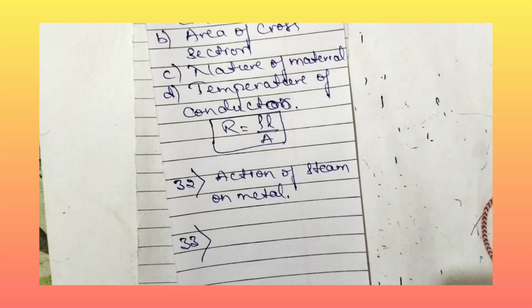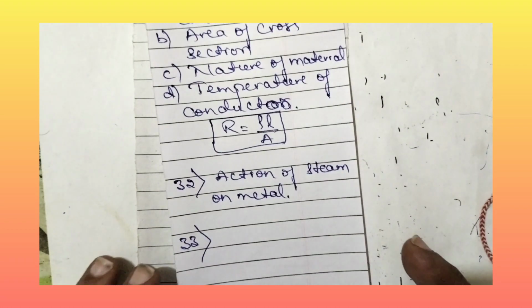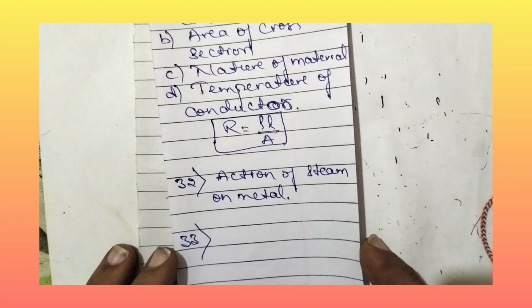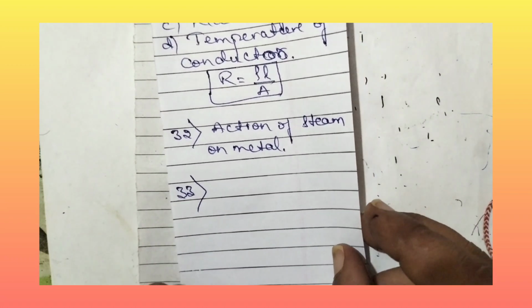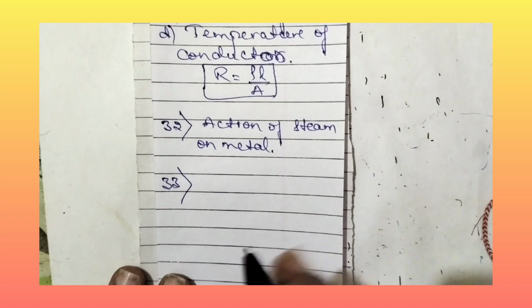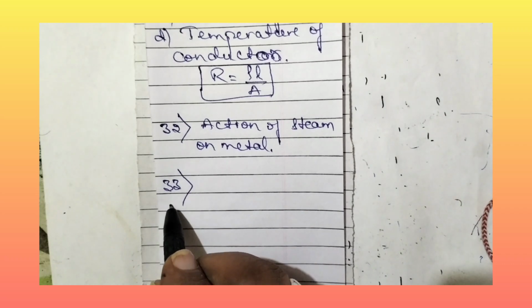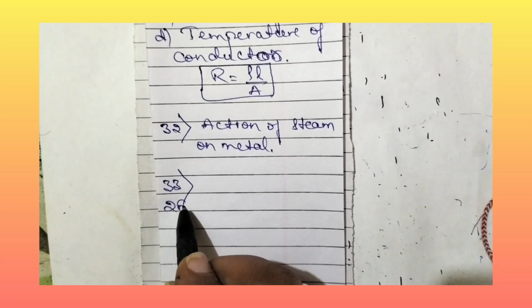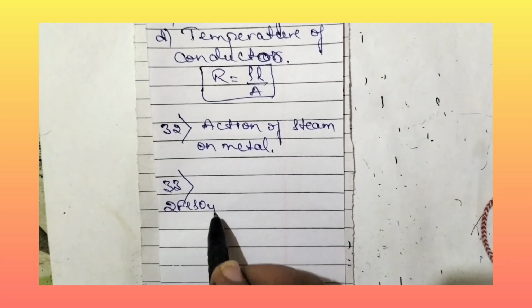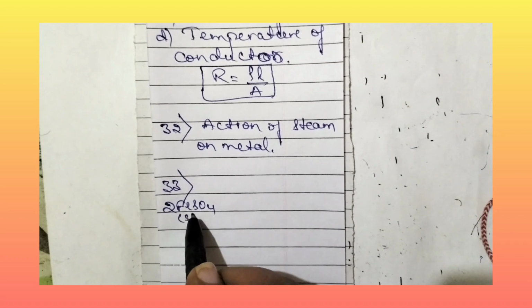In the first internal choice question: write the product and physical state when heating crystals of ferrous sulfate. Ferrous sulfate is 2FeSO4, which is solid in state.